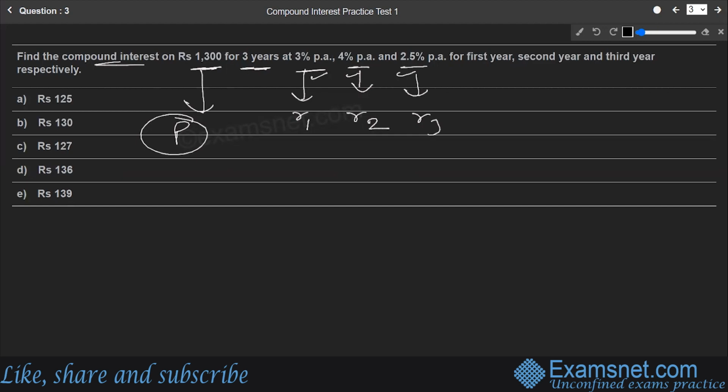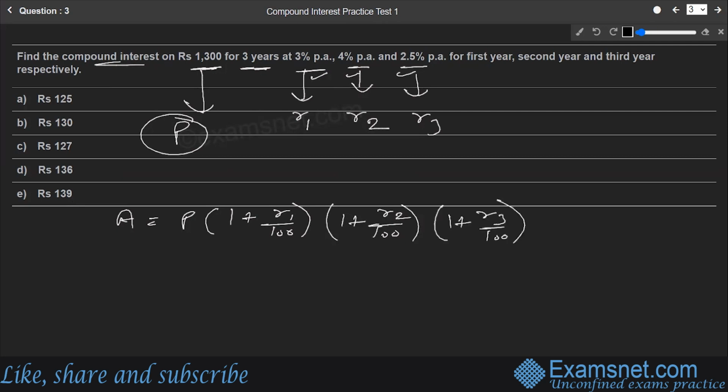When you have different rates for different successive years, the amount formula becomes P into (1 plus R1 upon 100) multiplied by (1 plus R2 upon 100) and then multiplied by (1 plus R3 over 100), where R1, R2, R3 are the rates of successive years, that is the first year, second year, and third year.